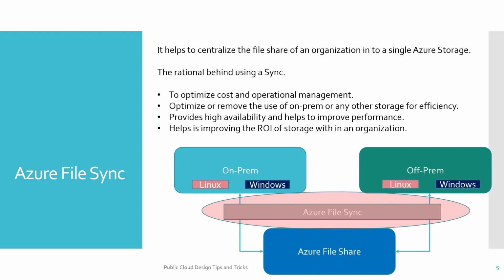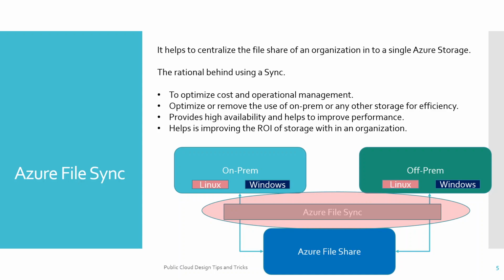Another capability within Azure File Share is Azure File Sync. It helps to centralize the file shares of an organization into a single Azure storage. The rationale behind Azure File Sync is that it optimizes your cost and operational management. It removes the use of on-prem or any other storage for efficiency and cost, so you don't need to scale your on-prem storage capability if you have Azure File Sync.